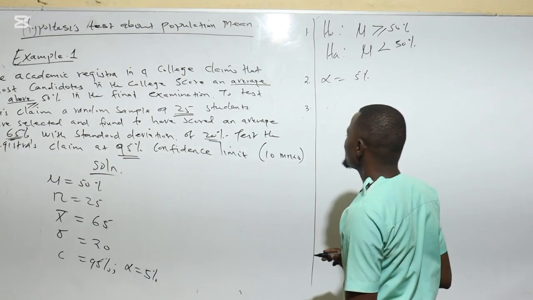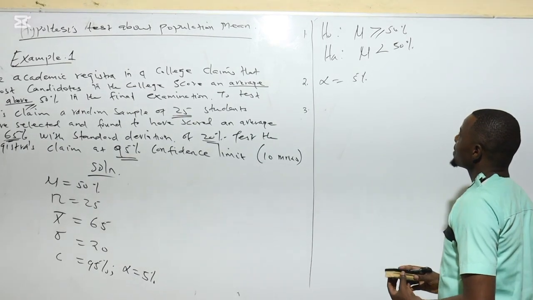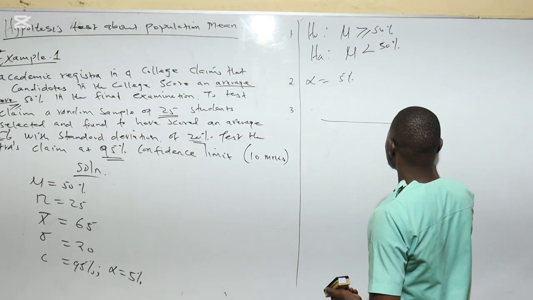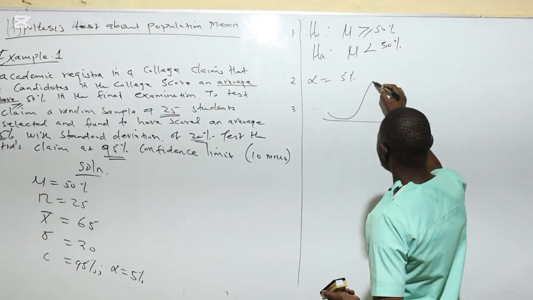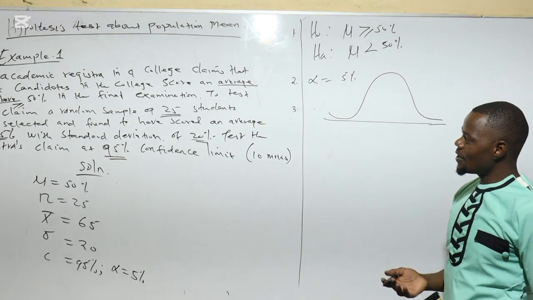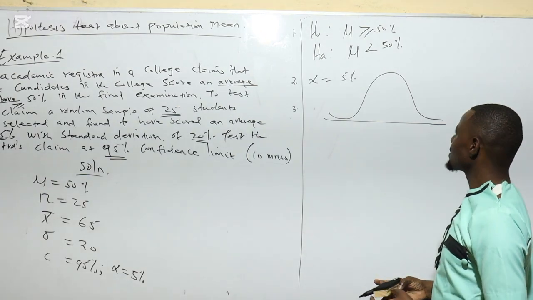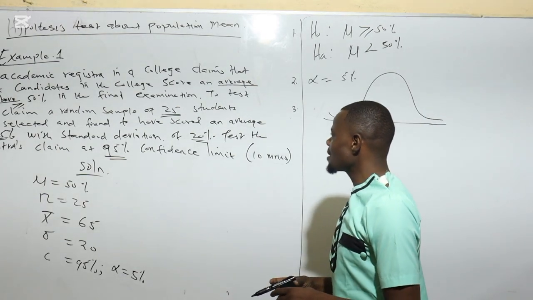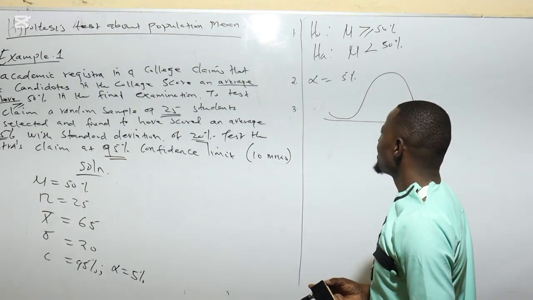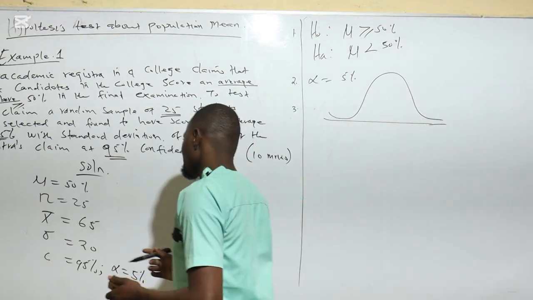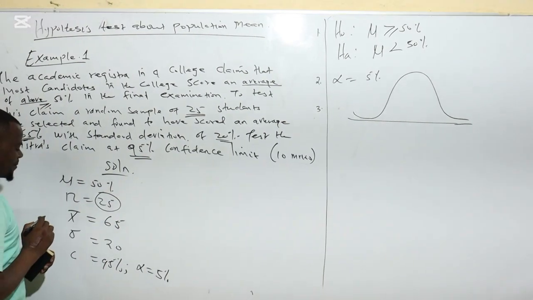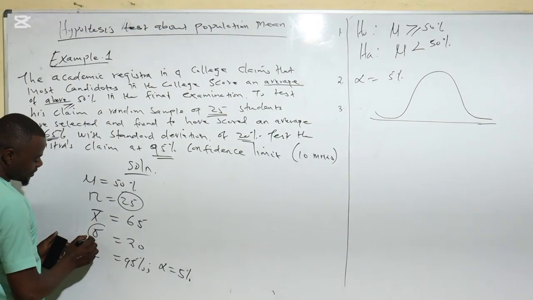Step number 3, you have to look at the critical values. So critical values, we are going to read them from the Z table. By the way, am I going to use the Z table or a T table? And how will you know that? Remember the conditions that we noted down, the condition for T and conditions for Z. So in this question here, I have the sample size less than 30, but the population standard deviation is known.